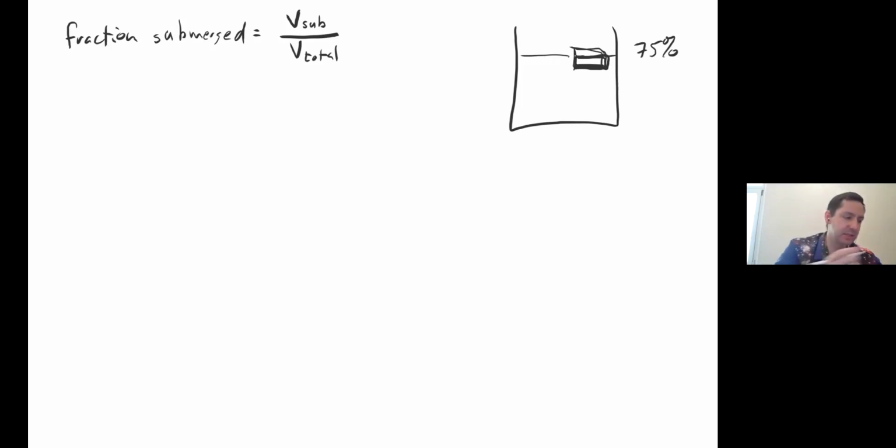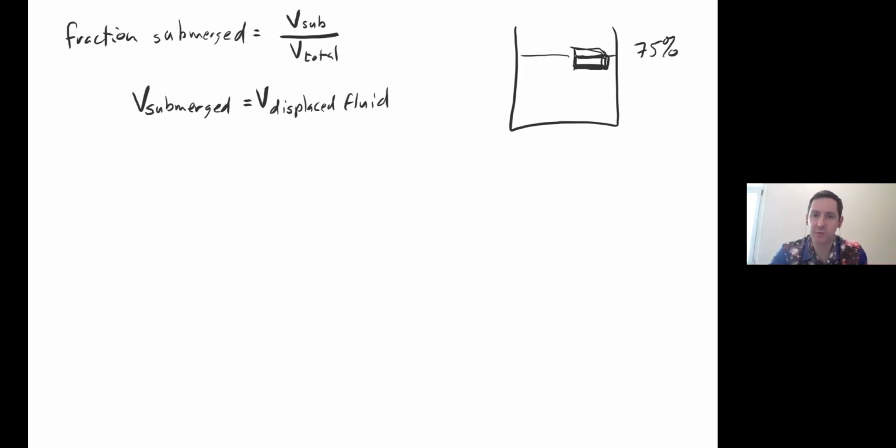Something to recognize is that the volume submerged, and this is what we were just talking about, the volume submerged is equal to the volume of the displaced fluid. Right? This is what we were talking about with the ice, is how much of the ice is submerged. Well, that tells you exactly how much fluid has been pushed out of the way.